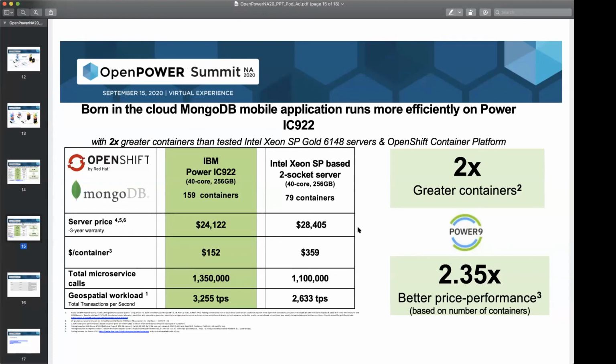That's one way of doing the math. To answer your question, yes, it's one container per thread.